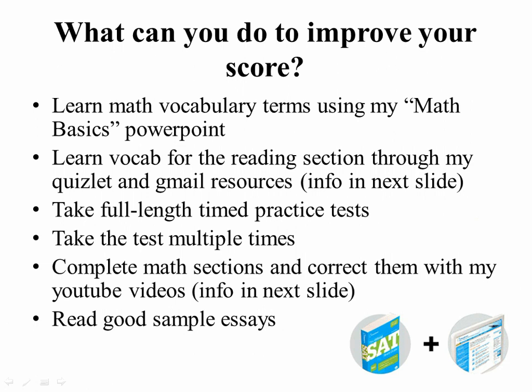So what can you do in light of all this information to improve your score? You might be a second semester junior, first semester senior, trying to figure out what to do to increase your score. Some of the best things you can do are to learn vocabulary for the math section. One way you could do that is by using a PowerPoint that I made, which I have in my SAT Prep Vocab Gmail account, called Math Basics.